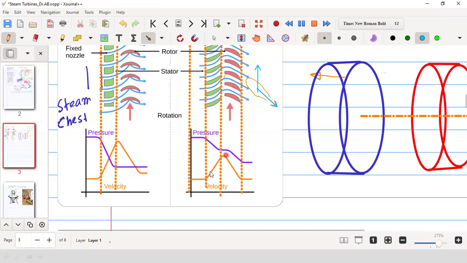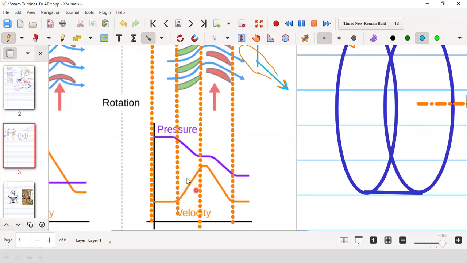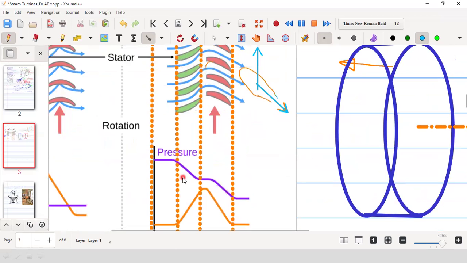I think you can see that. Within the nozzle, the pressure reduction causes a velocity increase. But within the blade passage, although there is a pressure reduction, the velocity is also reduced. Why is it so? Now try to understand that.